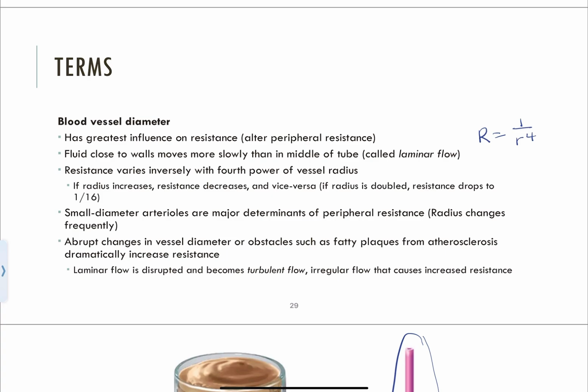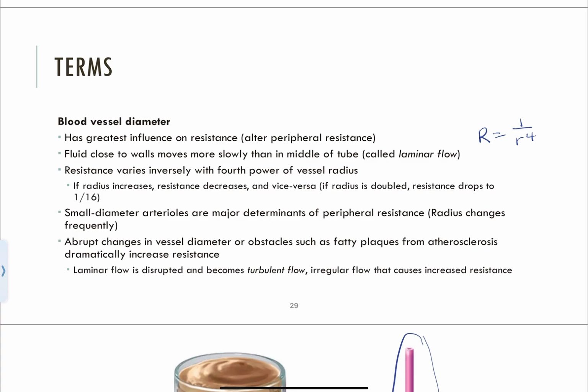So smaller diameter arterioles are going to be our major determinants of peripheral resistance because they have the highest resistance. And because of that, small diameter arterioles are going to constantly change their diameter or their radius frequently to adjust the amount of flow that we want into something.